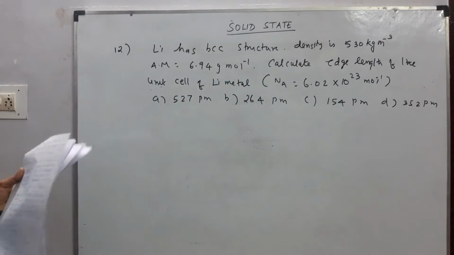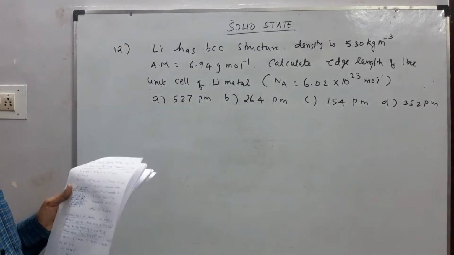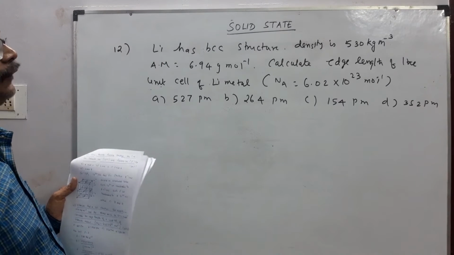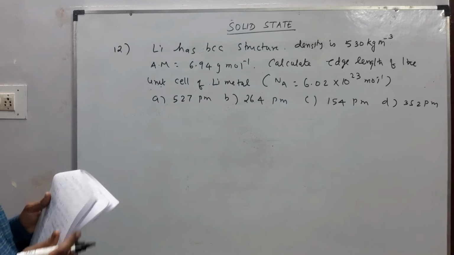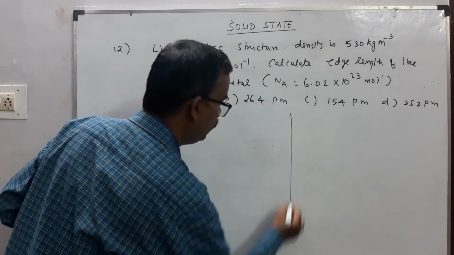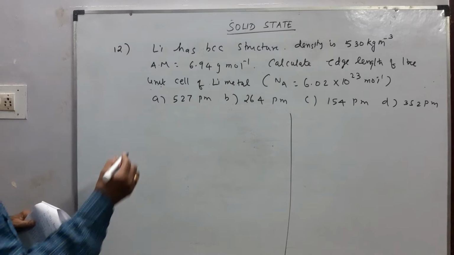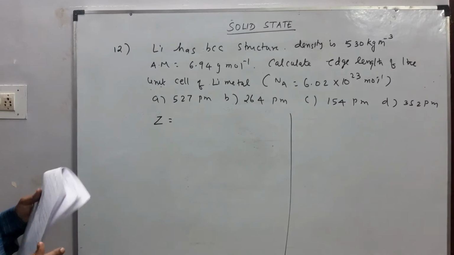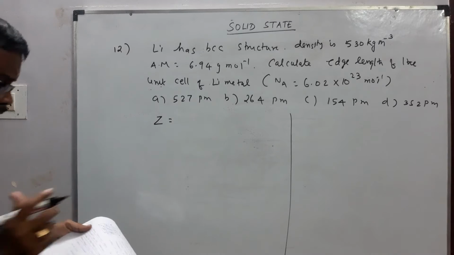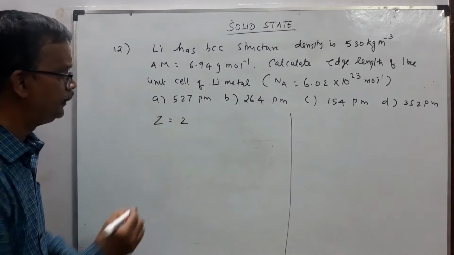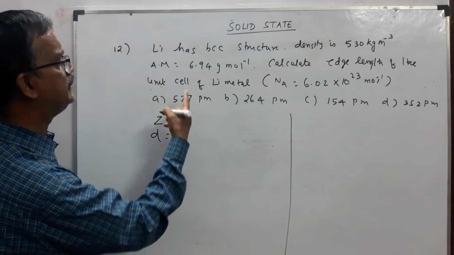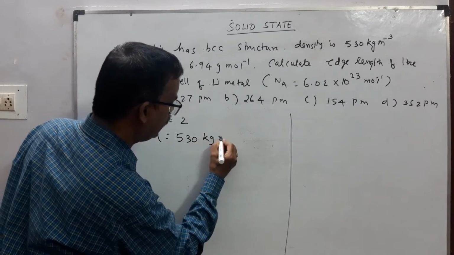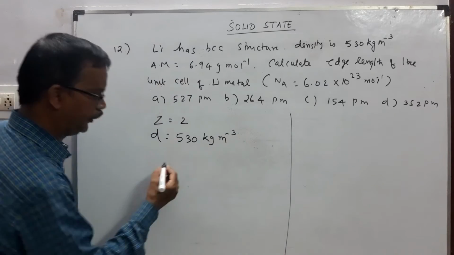Lithium has a BCC structure, density value given, atomic mass value given, calculate the edge length of the unit cell of lithium metal. Okay. For BCC, the number of atoms present per unit cell is 2. What is the density? Density is 530 kilogram per meter cube.